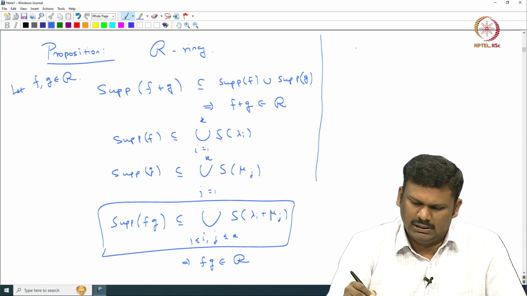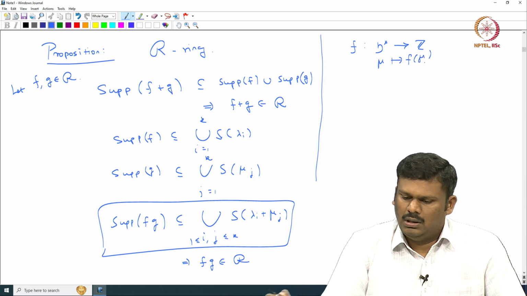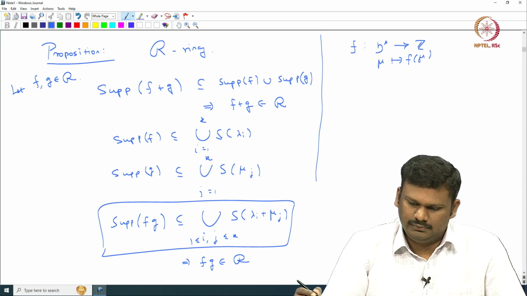Note that a character is a function from h star to z. For a given mu, we have to record what is f of mu. If we choose a basis of this R, then we will be able to easily write down this f in terms of the basis. So, we will choose the z basis.